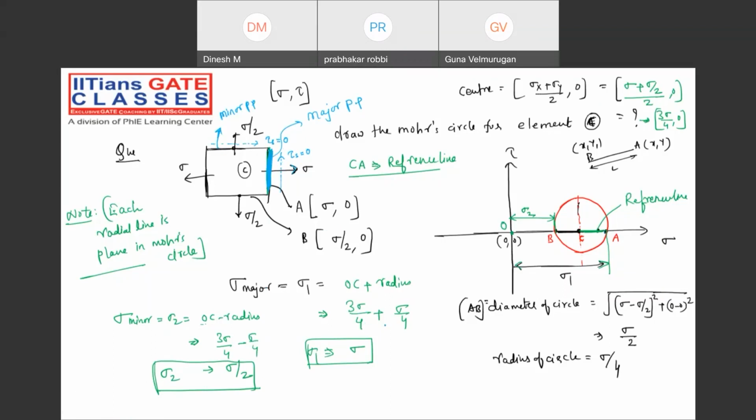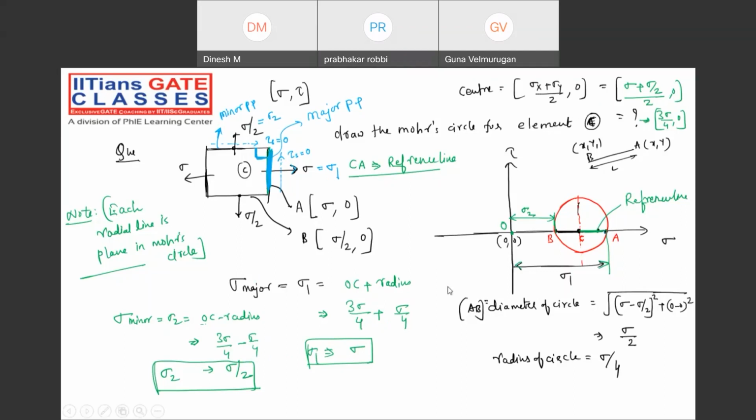By the definition of the principal plane, on any plane when there is no shear stress, that particular plane is called a principal plane. And whatever the stress will be there will become sigma 1, sigma 2. And the respective angles will be 90 degrees.